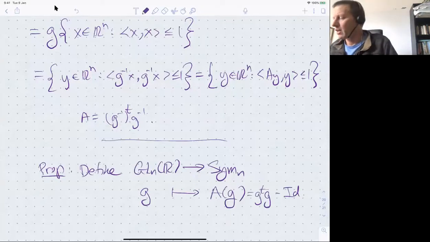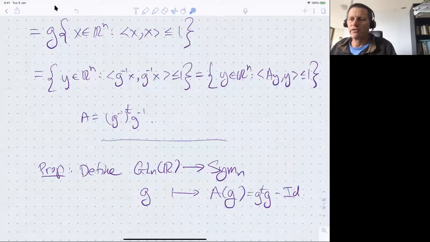So the way to think about this again is first we take G and we make this positive definite symmetric matrix out of it, and then subtracting the identity means it might not be positive definite anymore, and this matrix is close to 0.